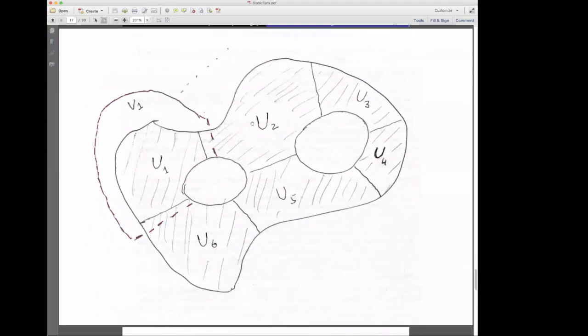I'm taking the intersection of some U2 with the union of some other sets. Then the maximum we can obtain here is 3 intervals: 1, 2, and 3. So the intersection consists of 3 intervals.